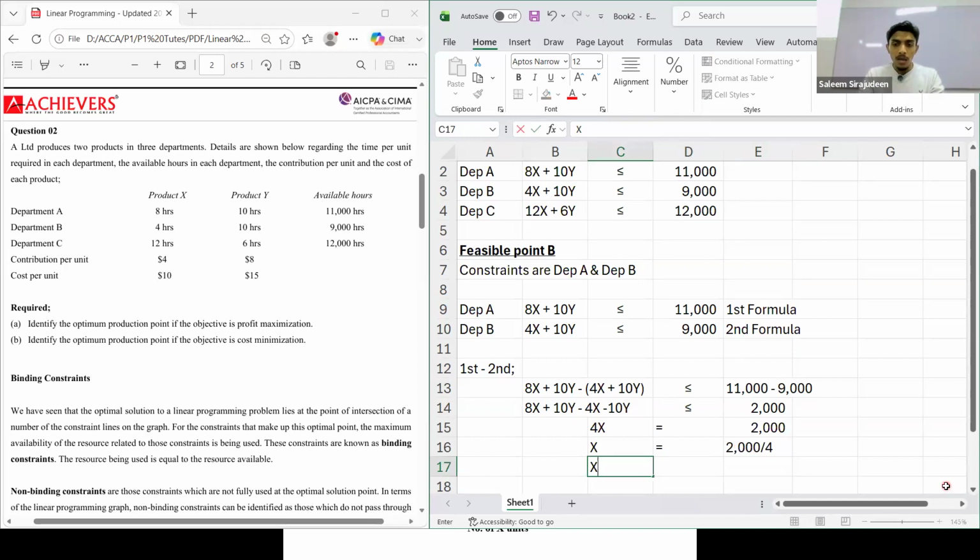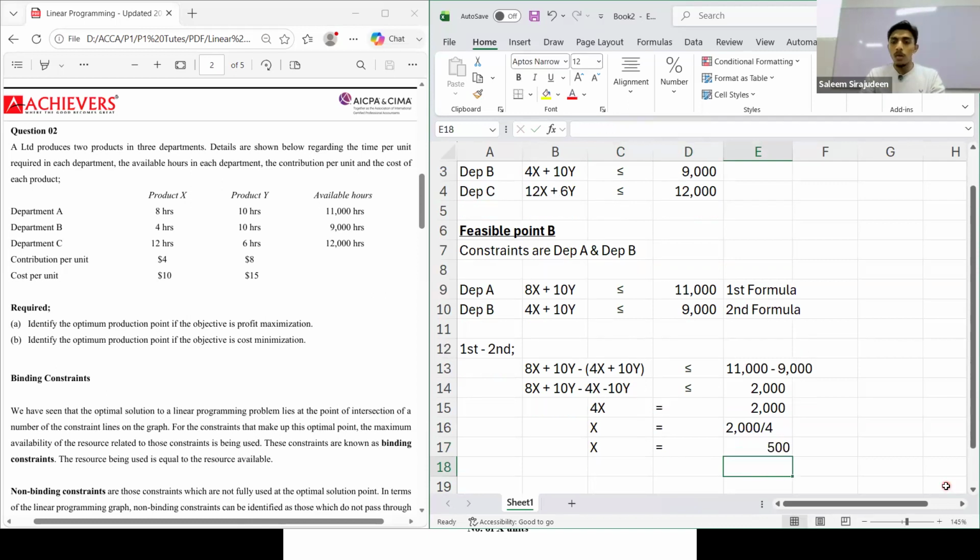Then x equal how much? 2,000 divided by 4, it's 500. So 500 units. Got it? Right. So now we have found 500 units.